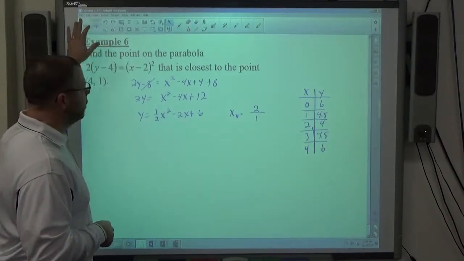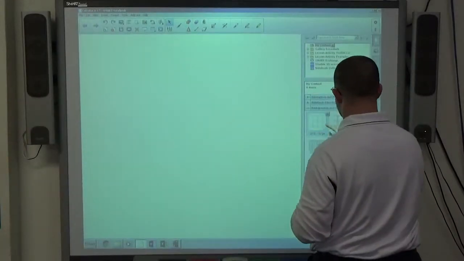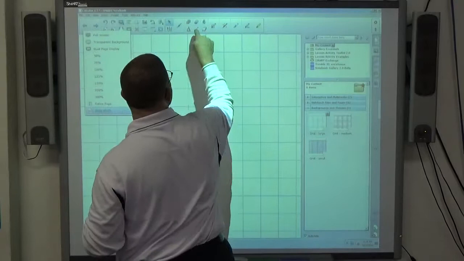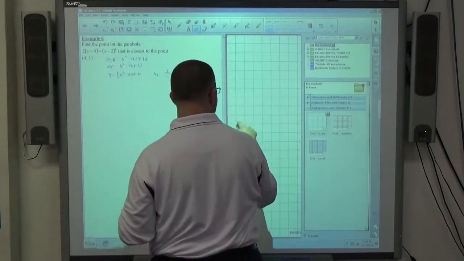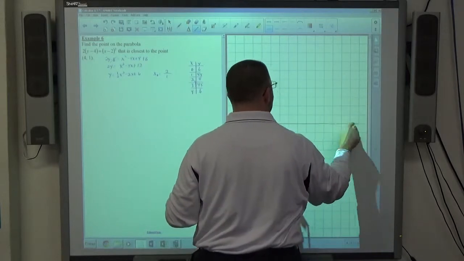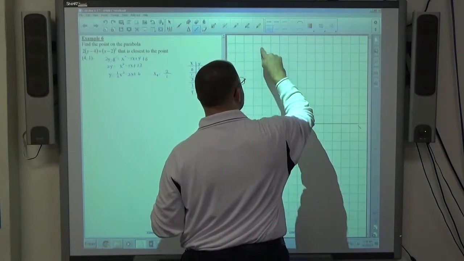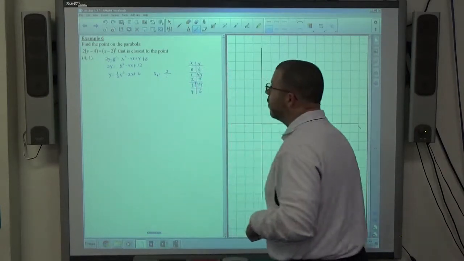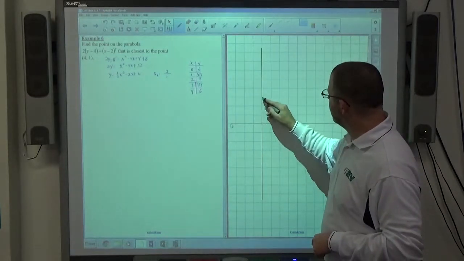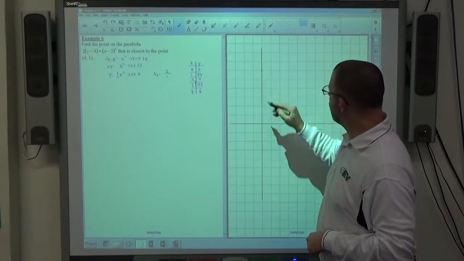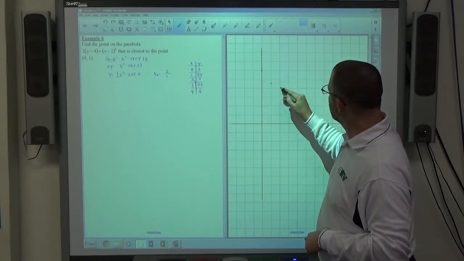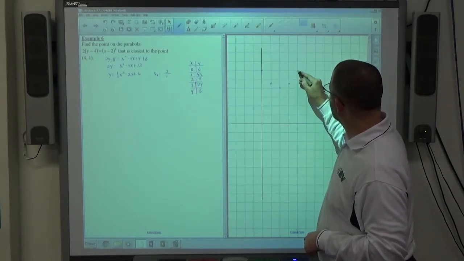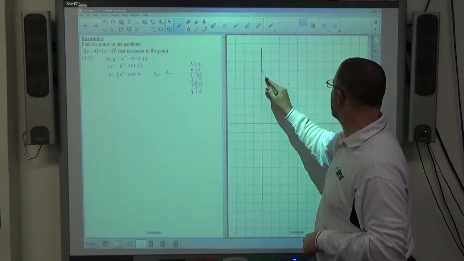So if I plot the graph here, x-axis, y-axis. (0, 6), (1, 4.5), (2, 4), (3, 4.5), and (4, 6). There's our parabola.